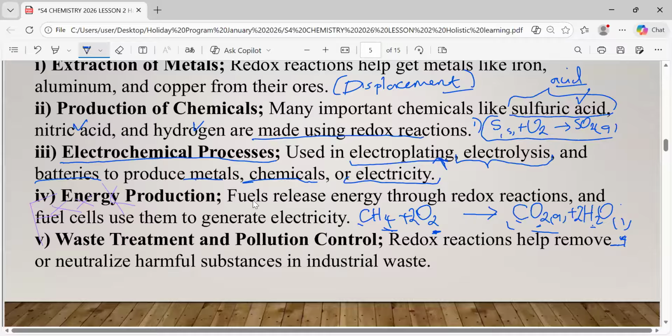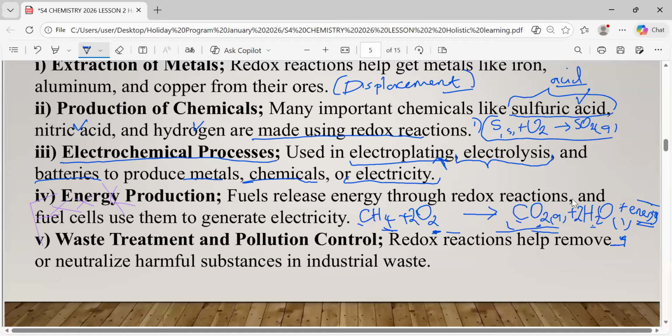Now, here they are saying that fuels release energy. So when methane reacts in air, it produces carbon dioxide and water plus energy. Energy is released. And we are saying that this reaction is a redox reaction. Why? It involves both oxidation and reduction taking place together in one reaction.